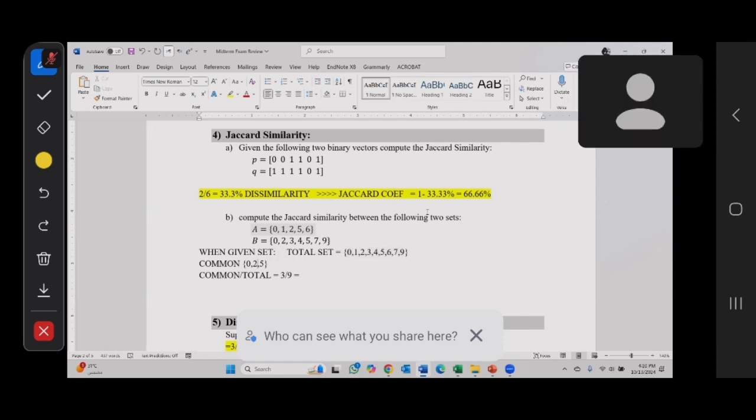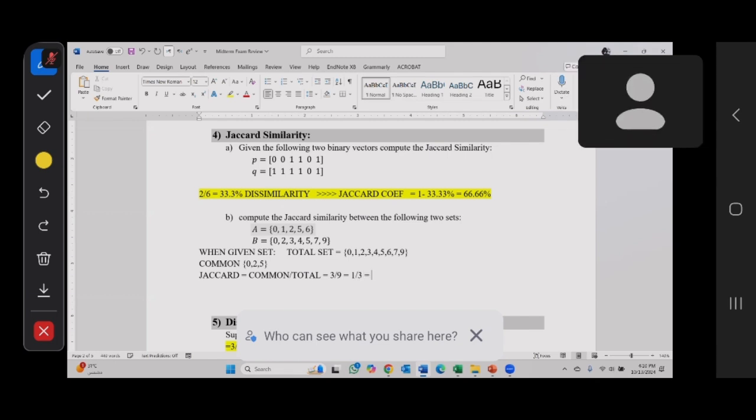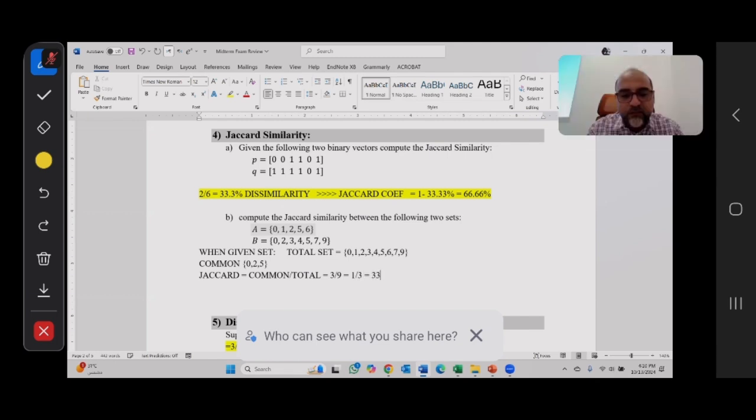And how many are common? 3. Because we are talking about common, not uncommon, not dissimilarity, you're directly calculating Jaccard. So 3 over 9 is equal to 1 over 3, which is again 33.33%.